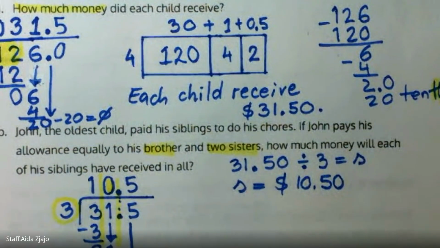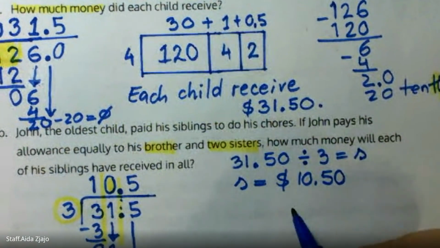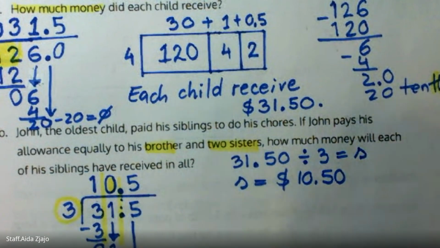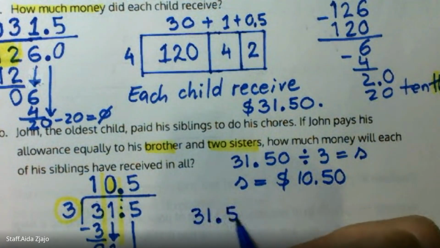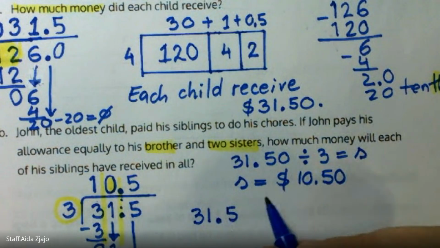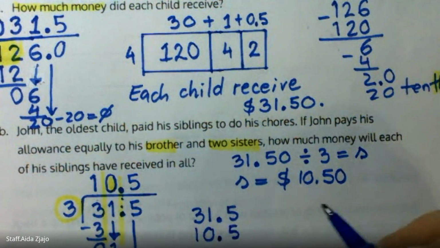So that's how much money they will get. So we needed to add $31 and 50 cents, or 5 dimes, and then $10 and 5 dimes.